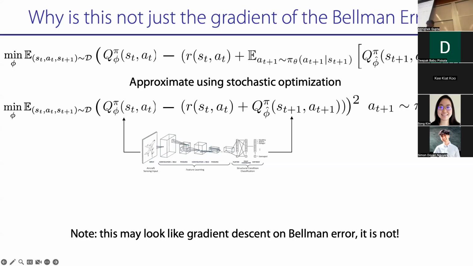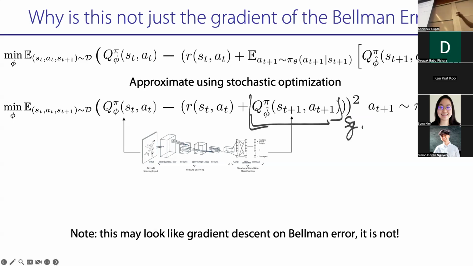But one thing to note here, which I'm sweeping under the rug, is that I've made this a phi hat and this a phi, right? That's not a typo. The left-hand side and the right-hand side are not the same. So like I was just telling you, you put a stop gradient around this. You don't pass the gradients to both the left and the right-hand side because you don't want instability in your optimization.